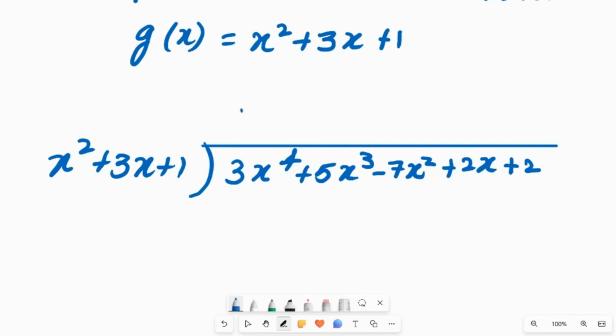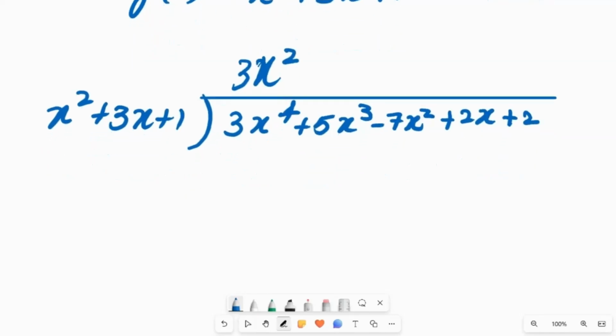So we need to multiply 3x square, right? If you multiply 3x square into x square, you will get 3x power 4. So the first term, multiply all the terms of g of x with 3x square. So we'd get 3x power 4 plus 9x cube plus 3x square.